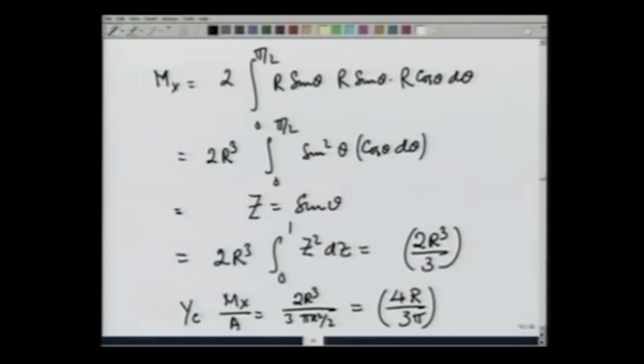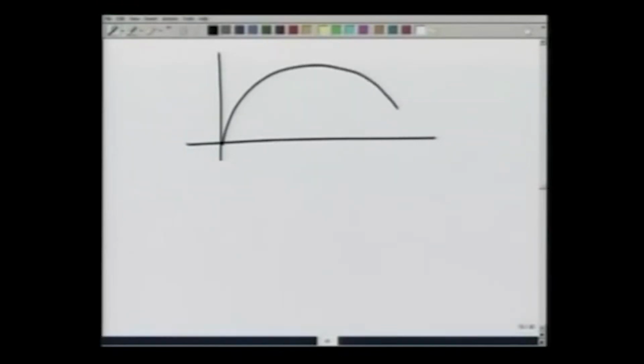Therefore, if I look at this semicircular area, its centroid is at a distance r and at a height of 4 r over 3 pi. 3 pi is roughly 9, so 4 r over 3 pi is slightly less than r by 2, so it is somewhere here. This is xc, yc.